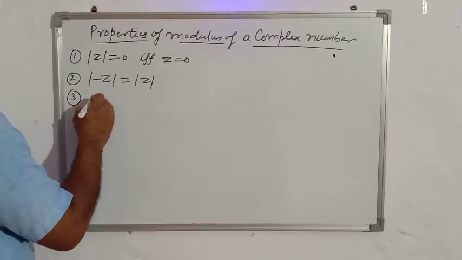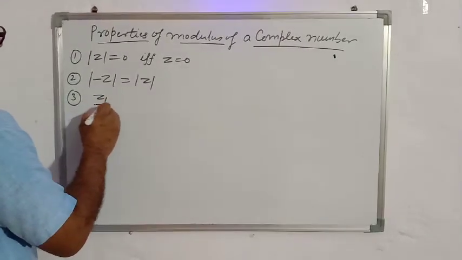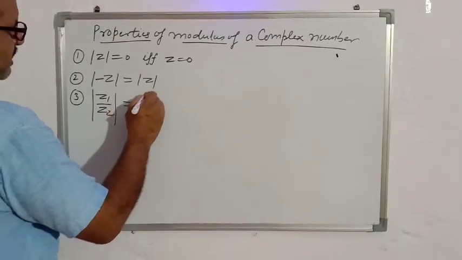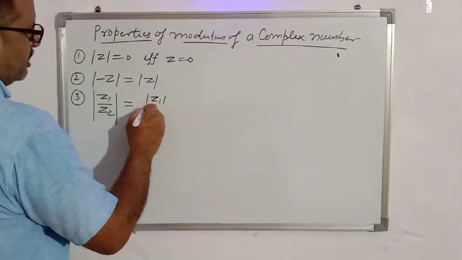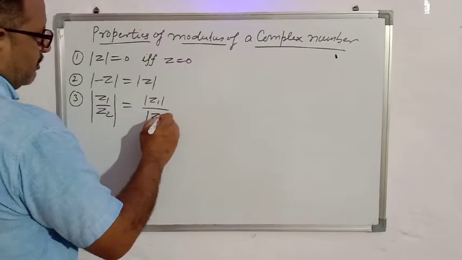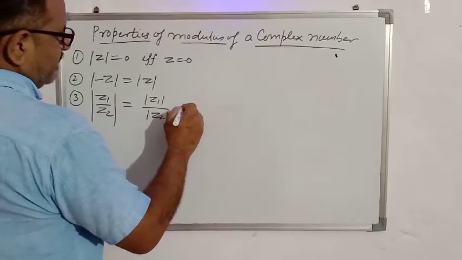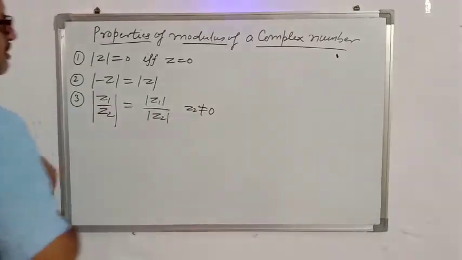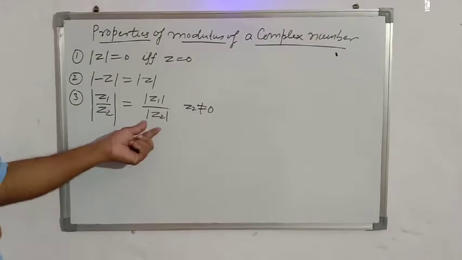Third one, mod of z1 upon z2, we can write it as mod of z1 upon mod of z2, where z2 not equal to 0. Denominator cannot be 0.